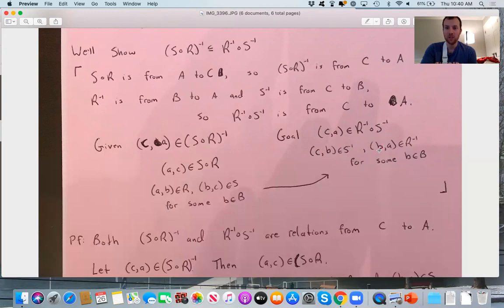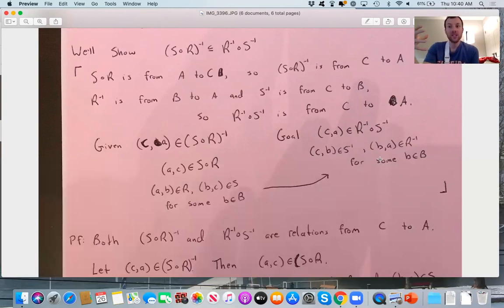And then the B that was introduced and A, our second coordinate, are in the second relation R inverse.